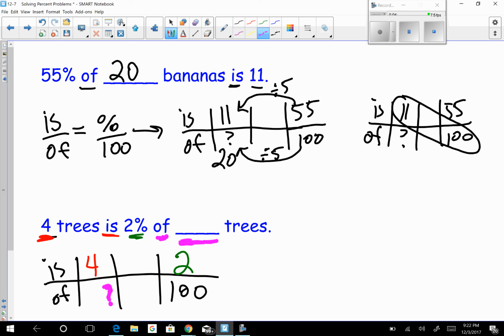It's just like a regular ratio table here. You want to go from your completed column to your incomplete column. So how do you go from 2 to 4? Well, 2 times 2 is 4. So we have to do 100 times 2, and that's going to give you 200. So 4 trees is 2% of 200 trees.